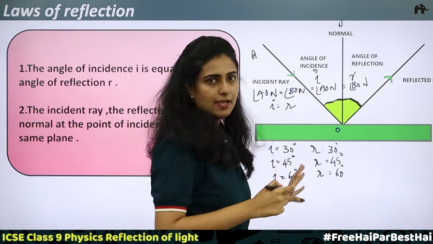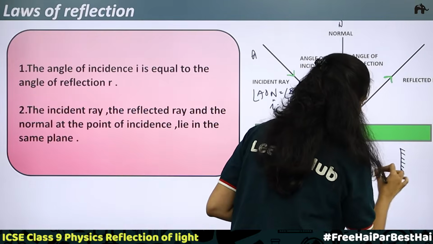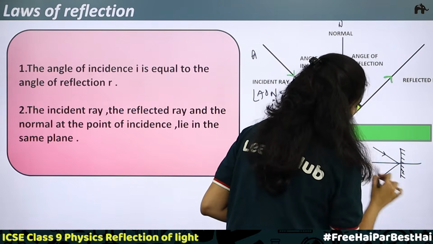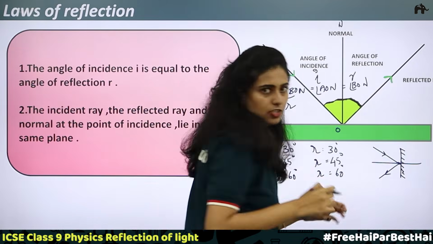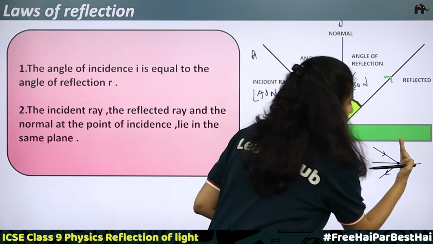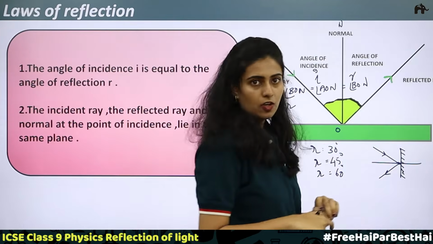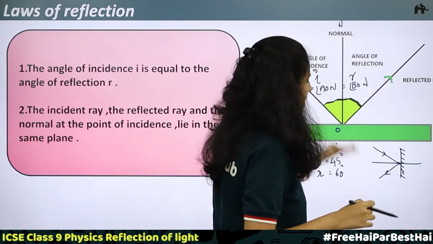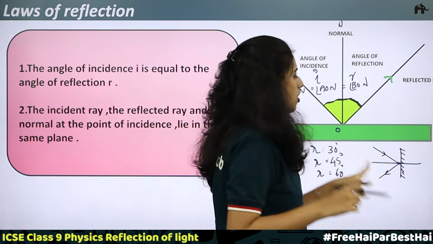Here you have the plane mirror, the normal, incident ray, reflected ray, and the point of incidence. I can represent all of them on the same plane and the mirror will be perpendicular to it. Since I am able to represent it all on the same plane, we can say that the incident ray, normal and the reflected ray all lie on the same plane.